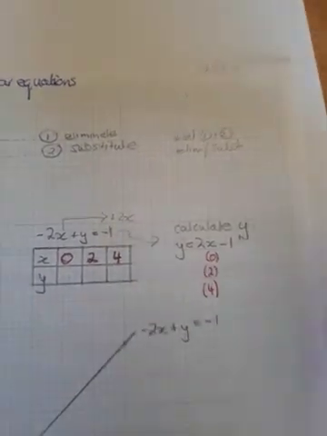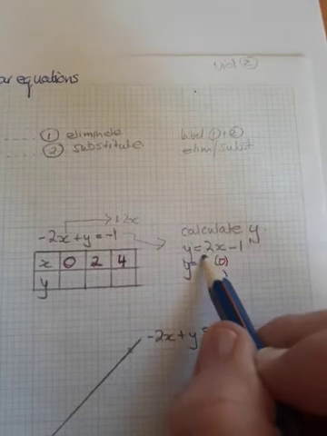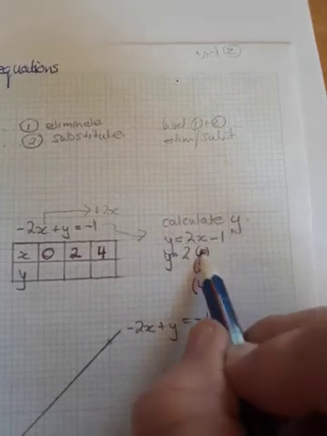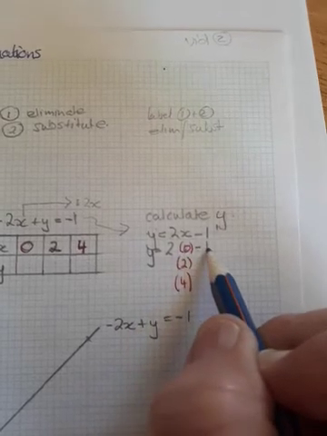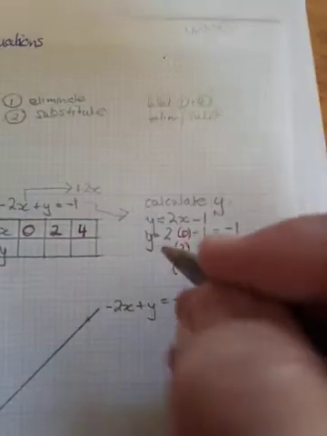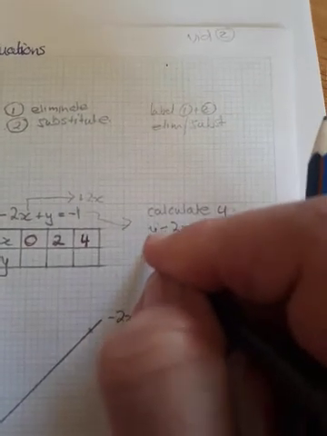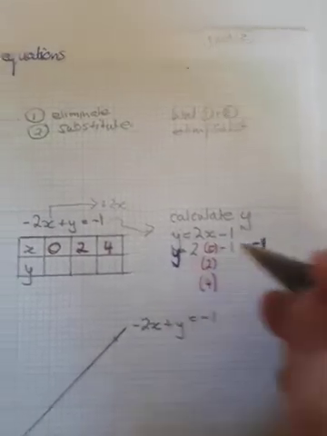Okay, so I will take my formula, y equals, the 2 remains, then I substitute my x, minus 1. So 2 times 0 minus 1 equals negative 1. So once again, people, look, y equals negative 1 if x is 0.